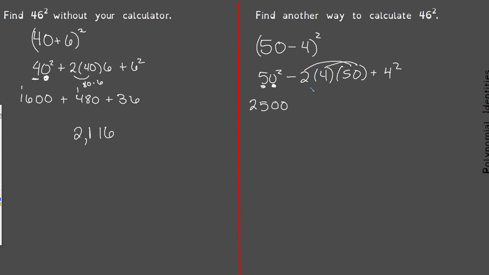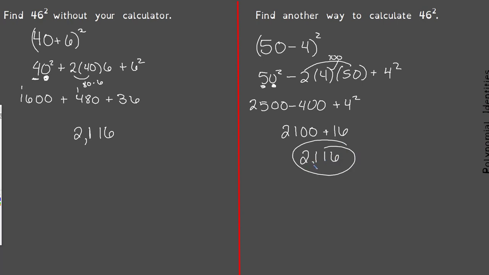If I was to multiply this all together, 2 times 50 is 100, times the 4, which is 400. So 2,500 minus 400 is 2,100 plus 16. And so that gives me 2,116.